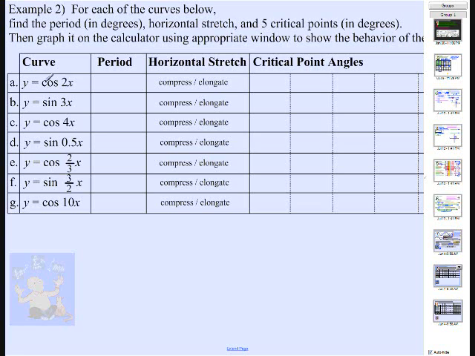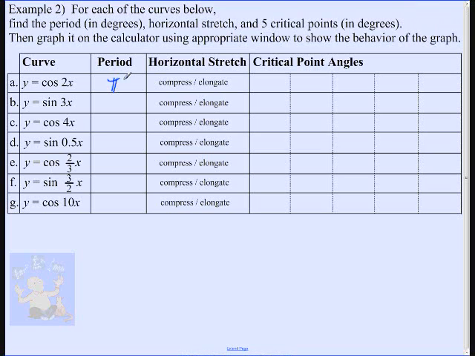The curve is cosine 2x. Now, we know ordinarily the period is 2 pi, but now it's cycling twice in 2 pi, so the period is going to be pi. What have we done to that?